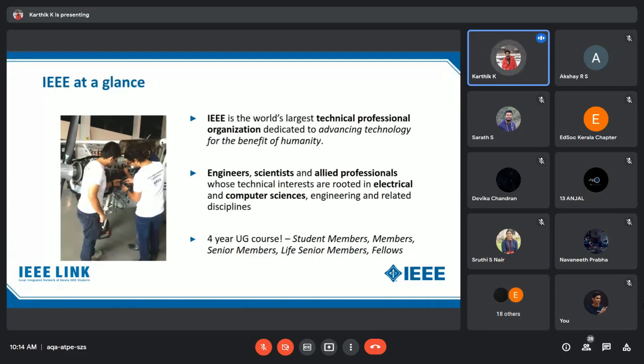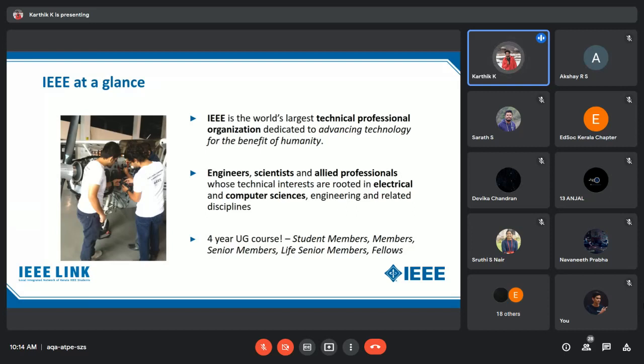We all know that our undergraduate BTech courses are around 4 years, and the last point highlighted there is the membership grades. You all are student members right now. Then we have members, senior members, life senior members, and fellows. Those are some of the membership grades that we follow in IEEE.